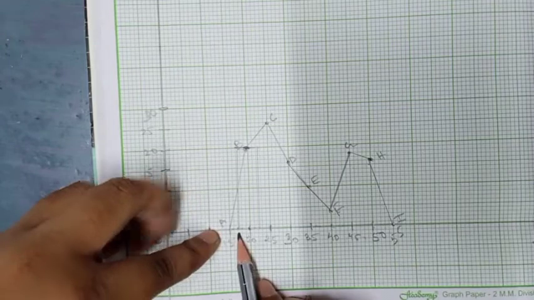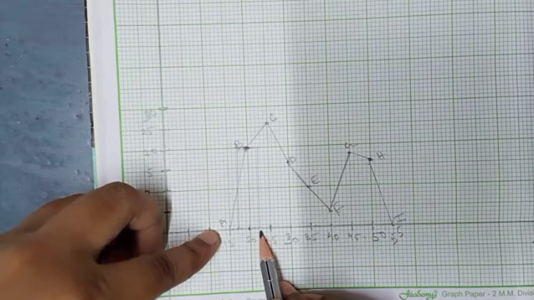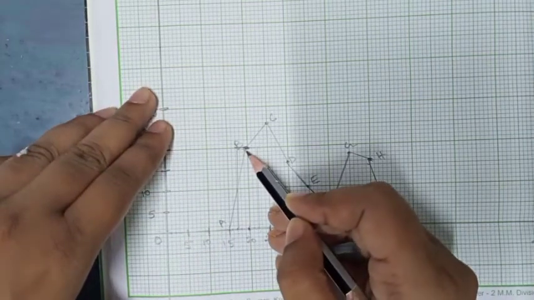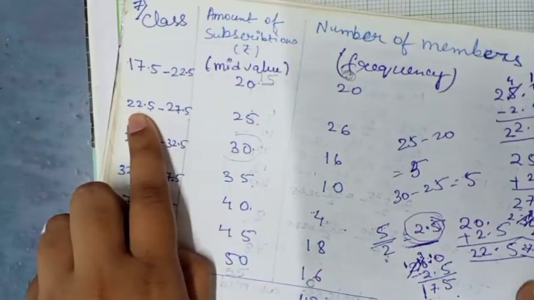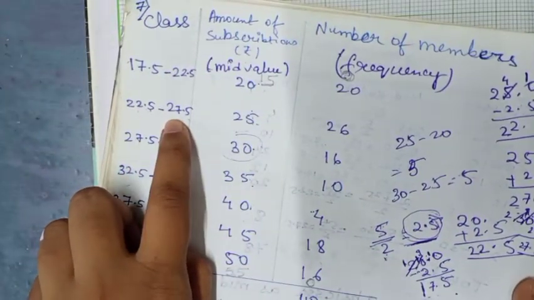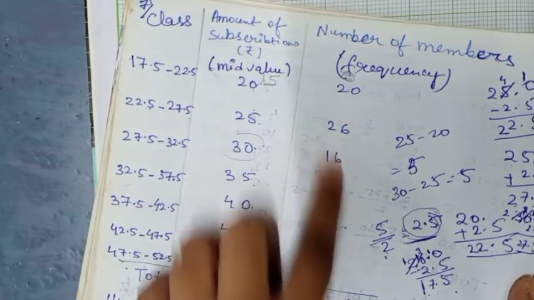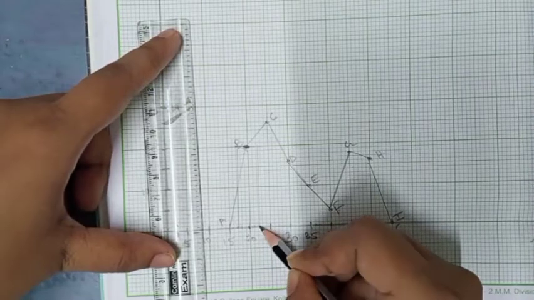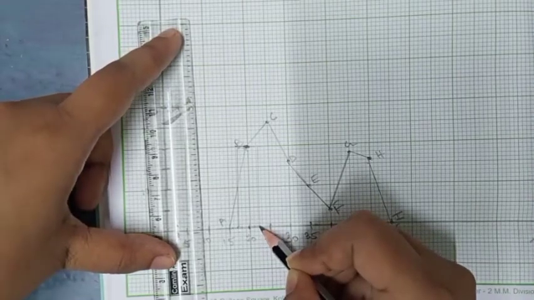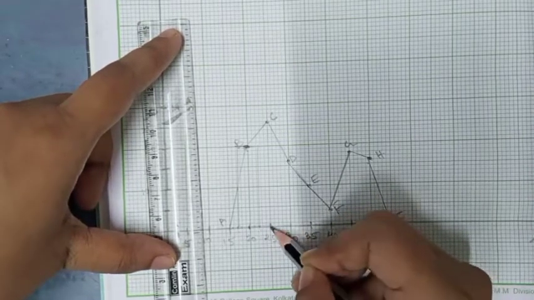Lower limit is 17.5 and upper limit is 22.5. At that time frequency is 20. Now the second one: lower limit is 22.5 and upper limit is 27.5. At that time frequency is 26. So this one is lower limit 22.5, upper limit 27.5, which is in between 25 and 30.